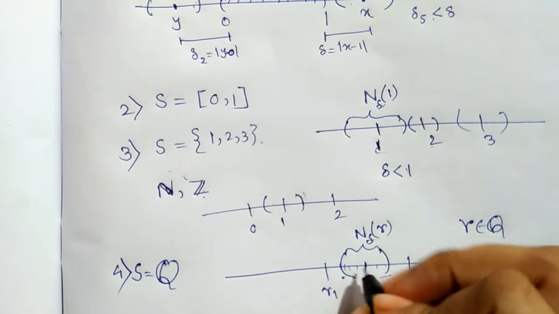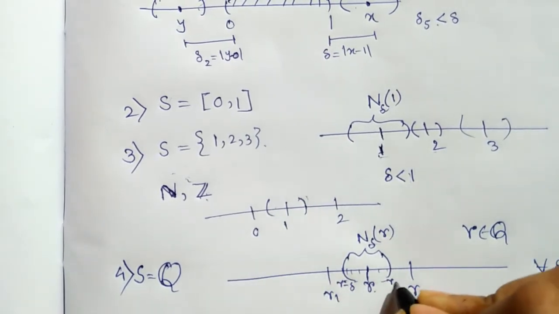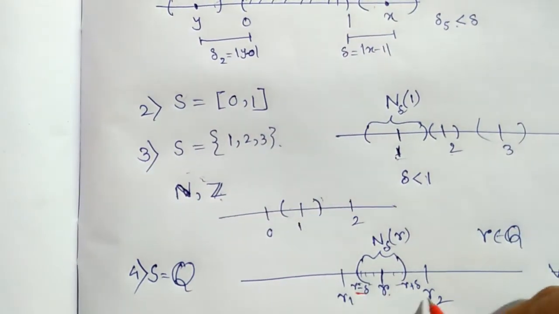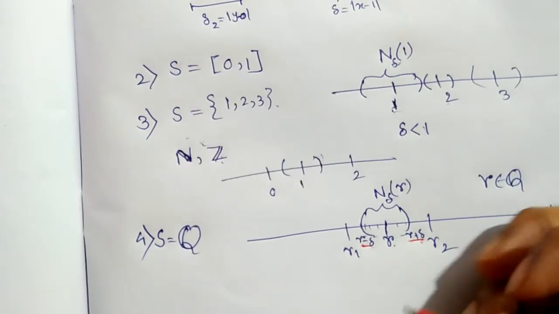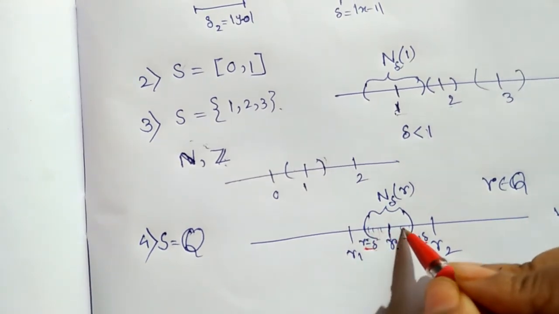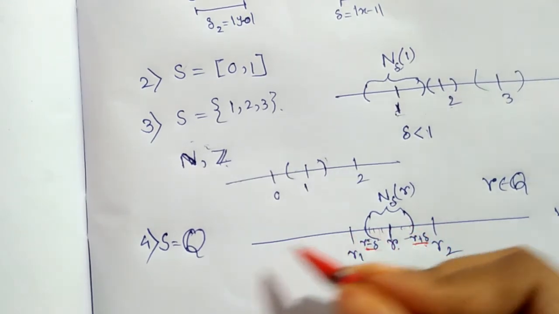Why? Because this is R minus delta and this is R plus delta, and these two are real numbers. Between these two real numbers, by the density property of R, there are infinitely many rational numbers as well as irrational numbers. So we get a rational number, right?